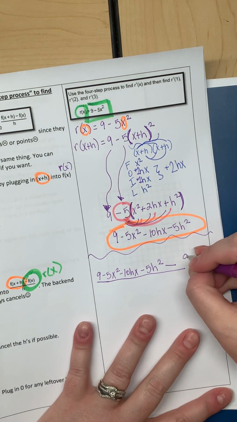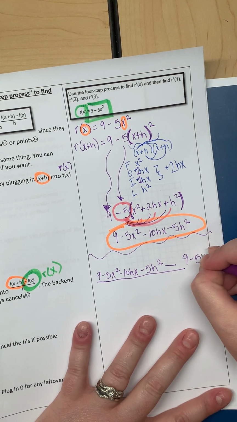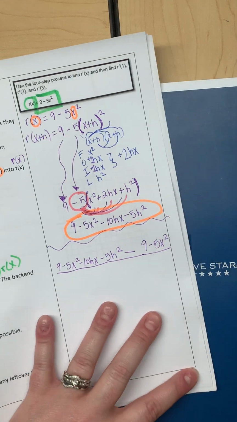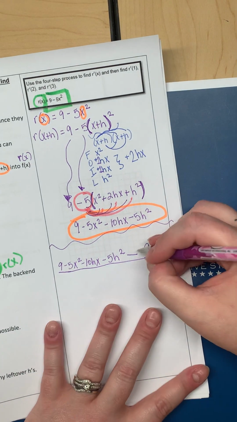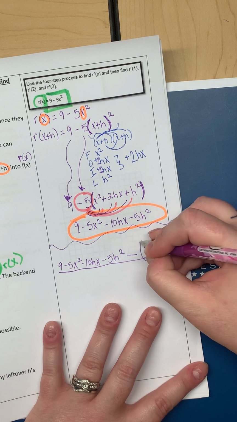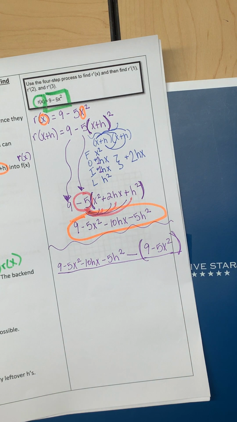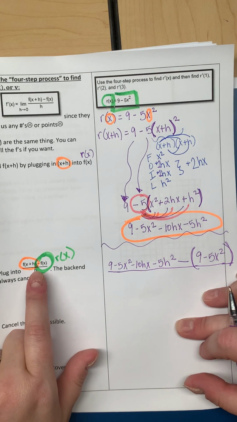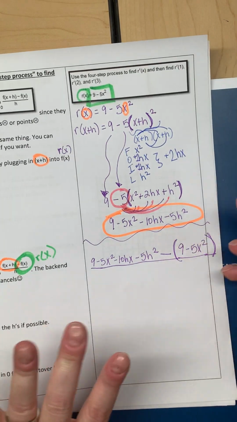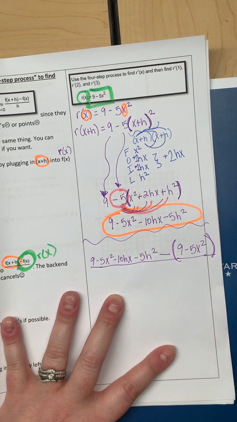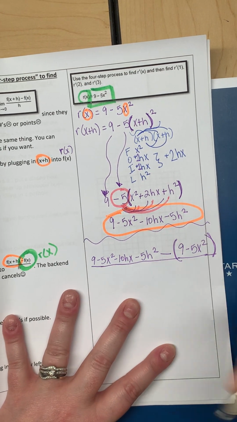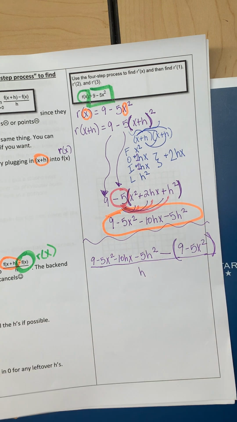But instead of just writing r of x like so, I'm going to put parentheses around it to show that I'm subtracting the whole thing. Okay, and then we are always over h. And we don't have to plug anything crazy in for that h. We just write h.